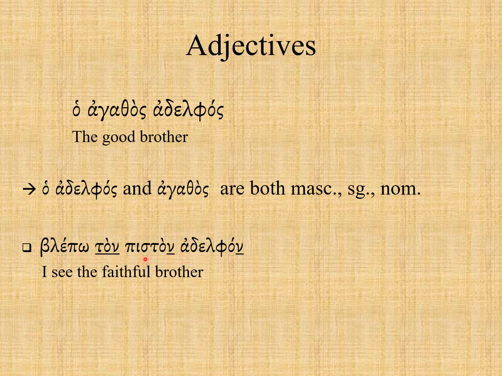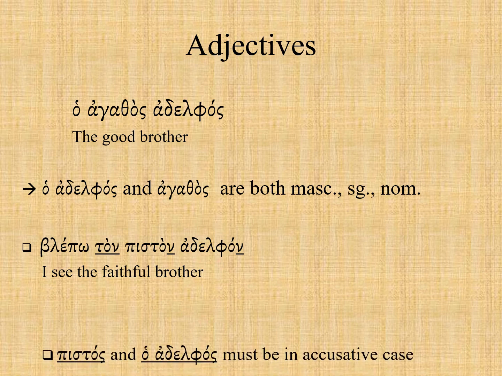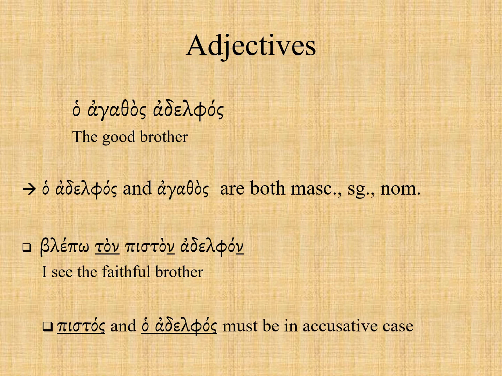We cannot say blepo ton pistos adelphon. No, it has to be in the same case, since it is modifying that brother. So this is very important to be able to connect the two words, the noun and the adjective, and always remember that they have to correspond in gender, number, and case.